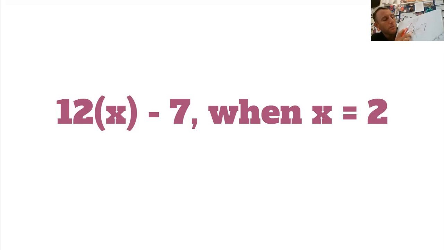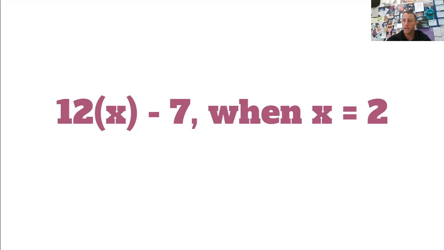Again, PEMDAS tells me to do parentheses or multiplication first. Multiplication first. 12 times 2 is 24. I do 24 minus 7. Okay, and this is where I can solve, and I get 17. So when x equals 2, this expression on the left equals 17.